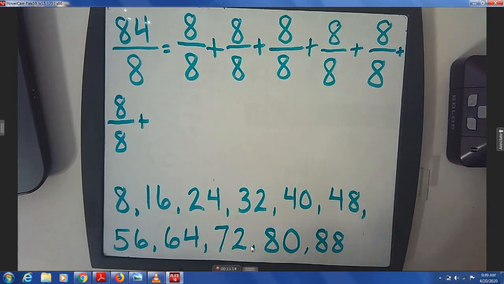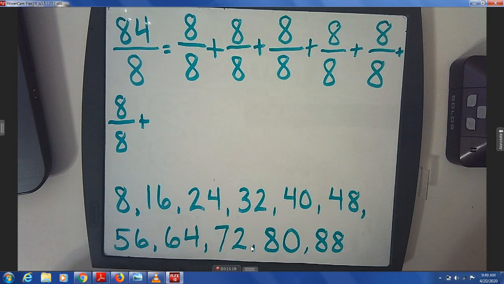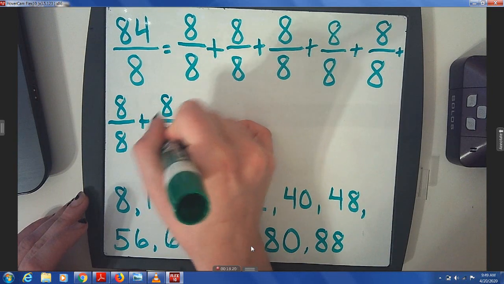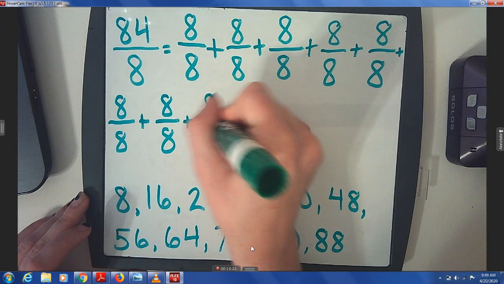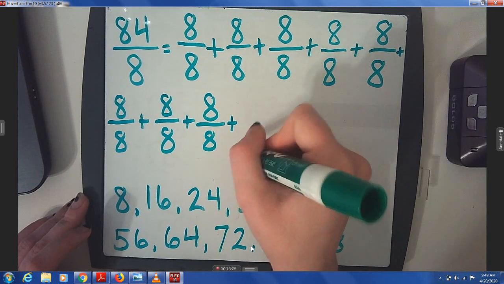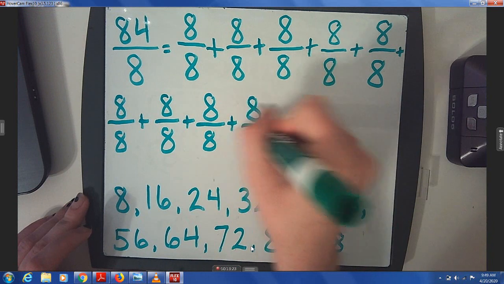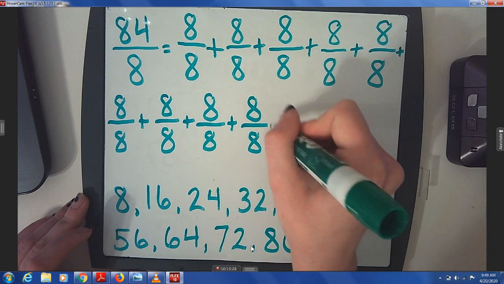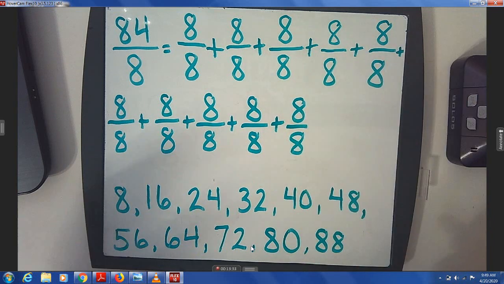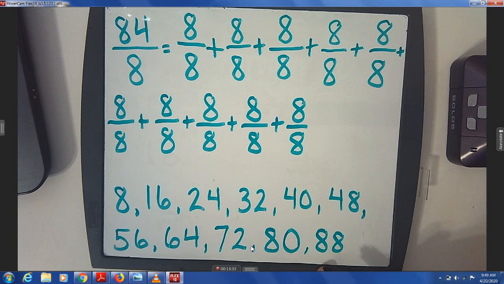That would be 48. Another 8 eighths would be 56. Another 8 eighths would be 64. Another 8 eighths would be 72. Another 8 eighths would be 80. And I do have to stop there because if I add another 8 eighths, it would give me 88, and that is over 84.